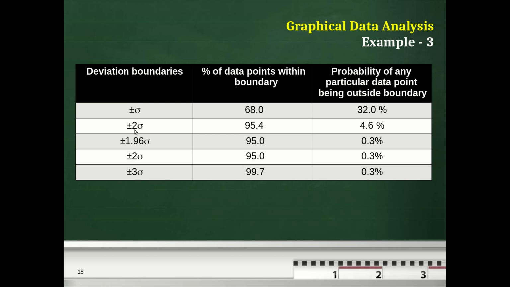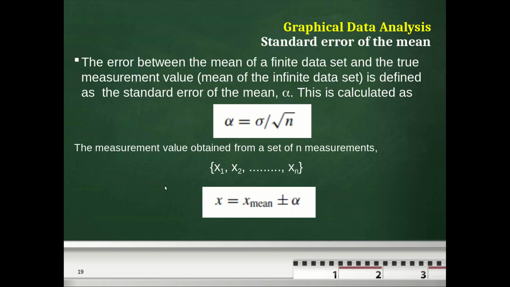If you take 2 sigma instead of 1, you see that it's 95.4, and 4.6 percent outside. And here he calculates for different values of sigma. Now we will calculate the standard error of the mean. The mean may have some error again, so alpha equals sigma over the square root of n, where n is the number of measurements.